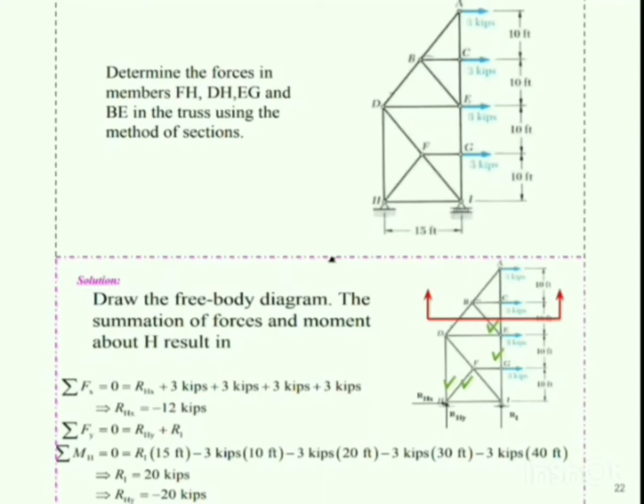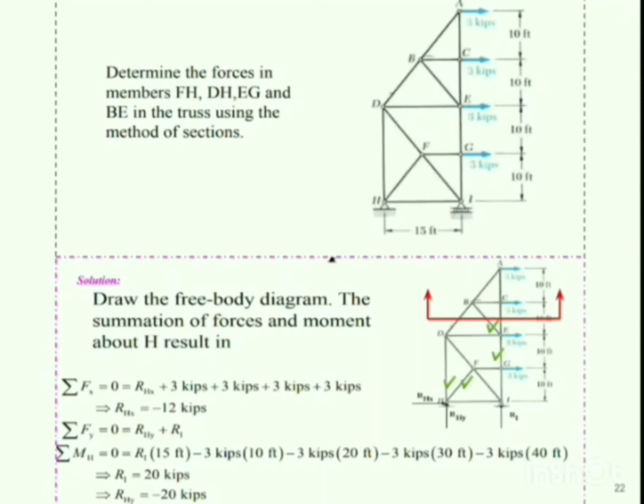Now, in this example, you can see SI system of units is not used. You can see the measurements and the magnitudes of the forces, they are given in kips, and the distances between the joints as well as the supports is mentioned in feet.